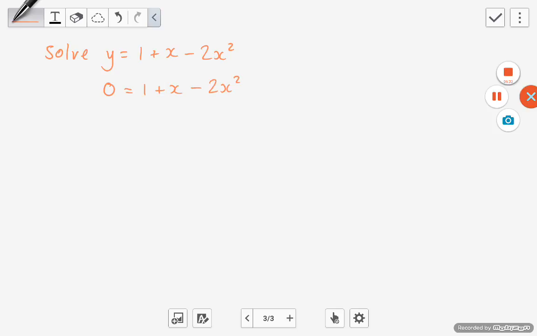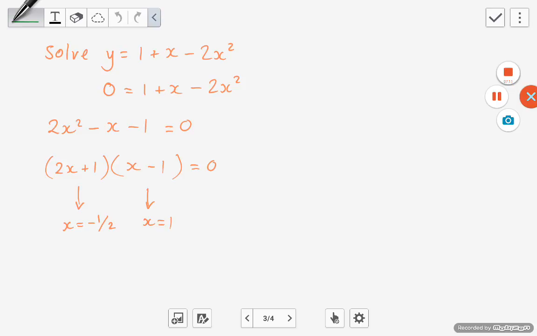Now, at this stage, let's use a bit of thought here. Let's rearrange this into 2x squared minus x minus 1 equals 0. Now we're looking primarily for smiley face quadratic factorisation. That does exist on this occasion, giving me 2x plus 1 and x minus 1, which means the solutions are x equals minus a half and x equals 1.